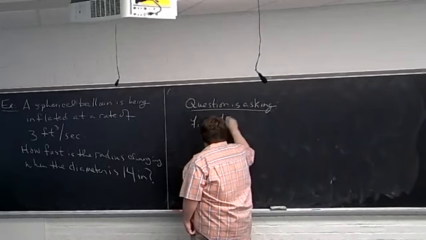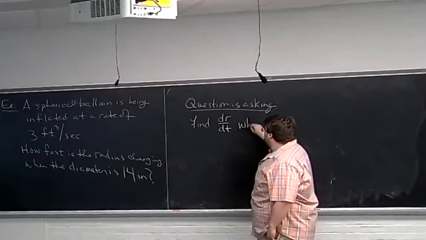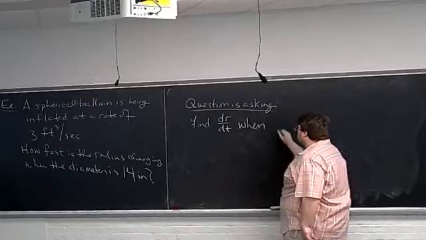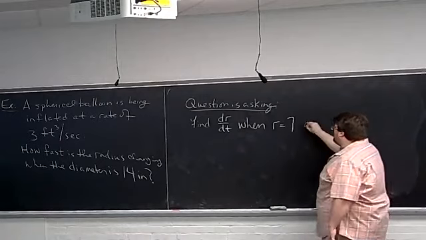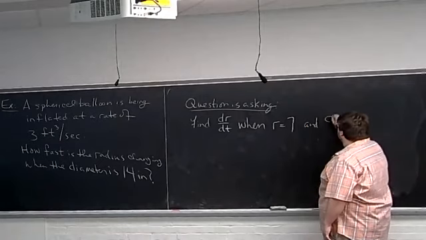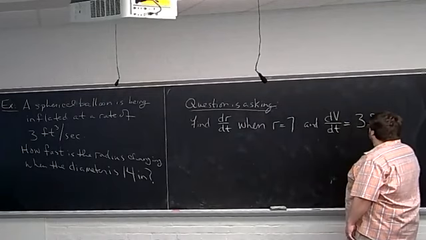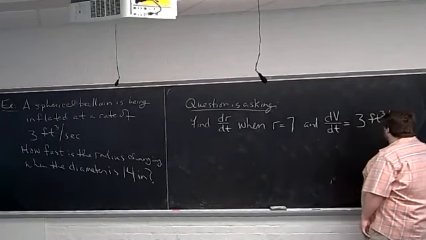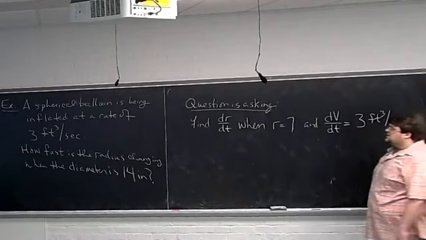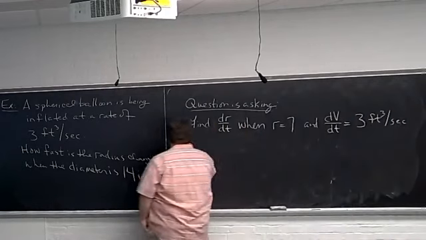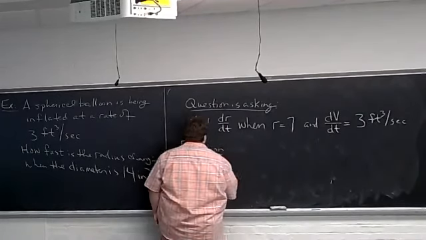So find dr/dt, the rate of change of radius, when the diameter is 14. Diameter doesn't really matter much. So when radius is 7. And it's being inflated, so it's telling us how the volume is changing. dV/dt is 3 cubic feet per second. Any questions about translating that question into calculus?